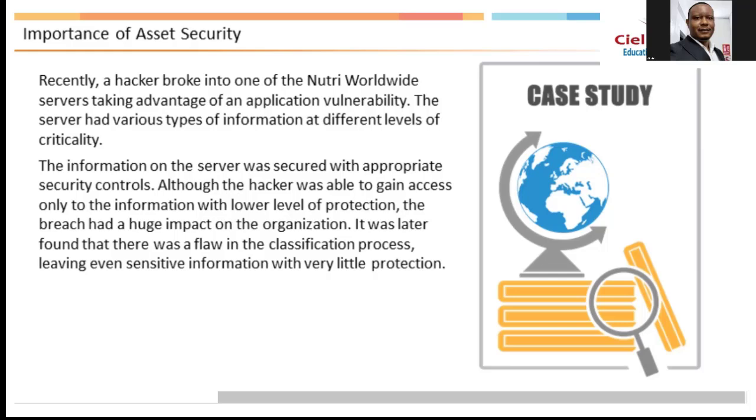What can you make out of this? For me, I think the flaw is from the classification process. Now, classification process is very critical when you come to security. If the classification is not done properly, that is, what classes of infrastructure are to be protected and how they should be protected, we need to really understand that.